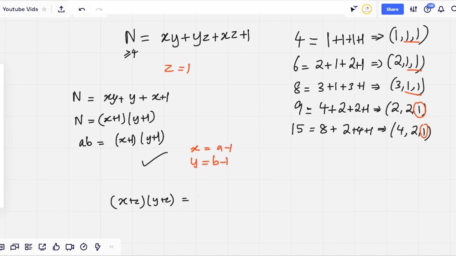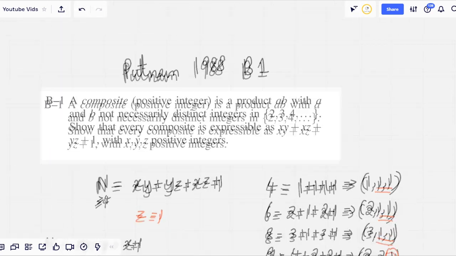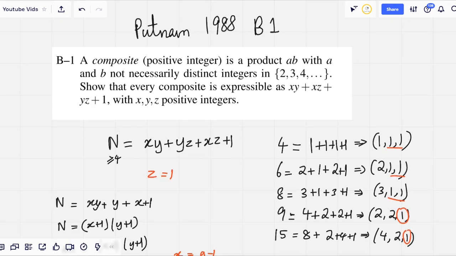Expanding this out, you get xy plus yz plus xz plus z squared, and this does equal our original expression only when z is plus or minus 1. As we've been given that x, y, and z are all positive integers, z equals 1 would be the only solution. I hope you guys did enjoy the problem, but there's also an interesting general question to ask.